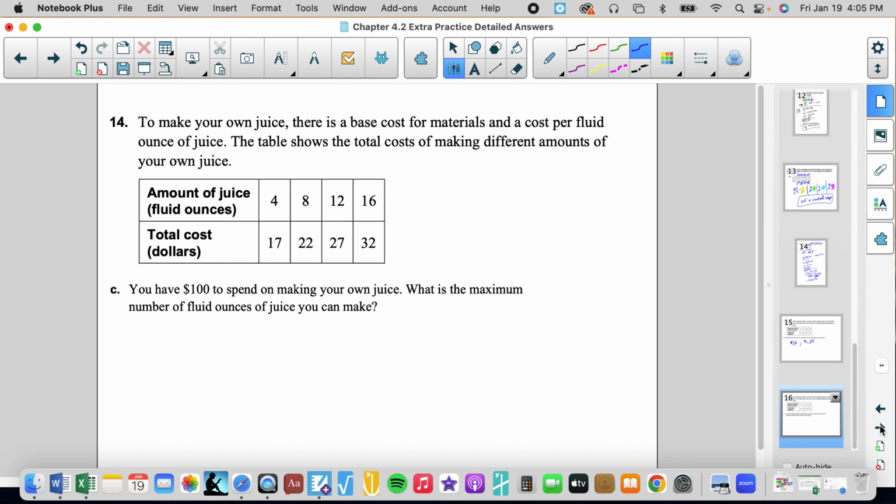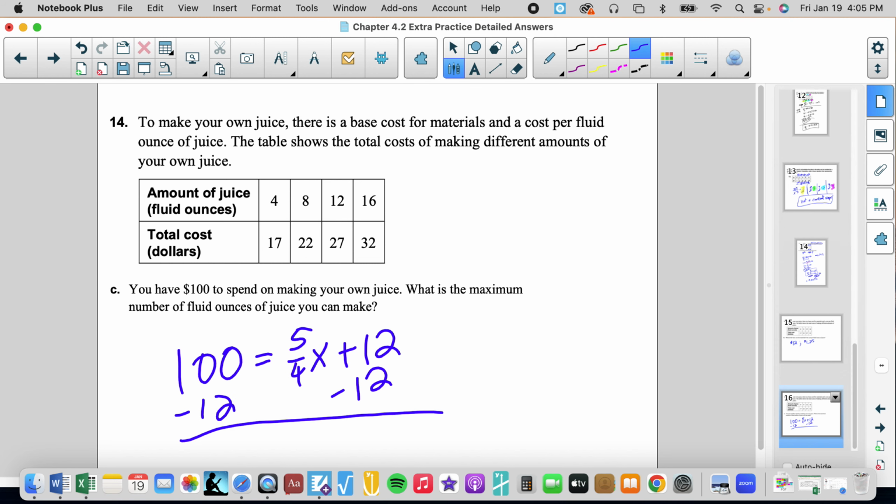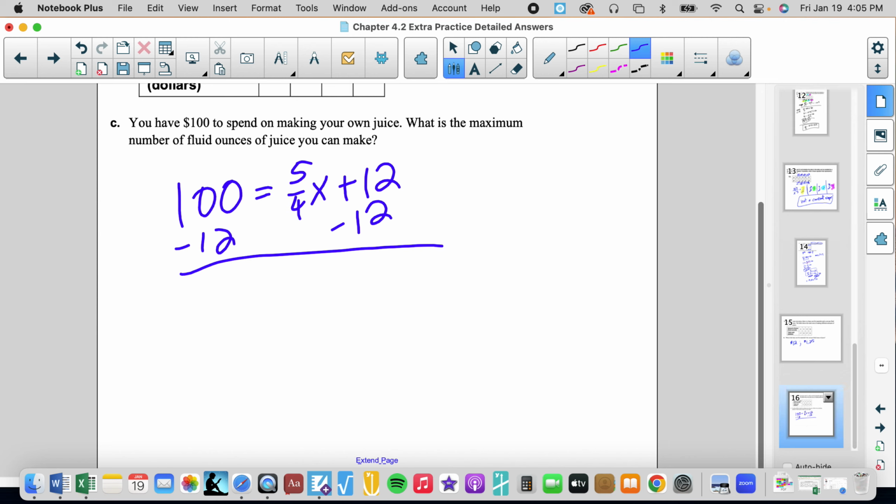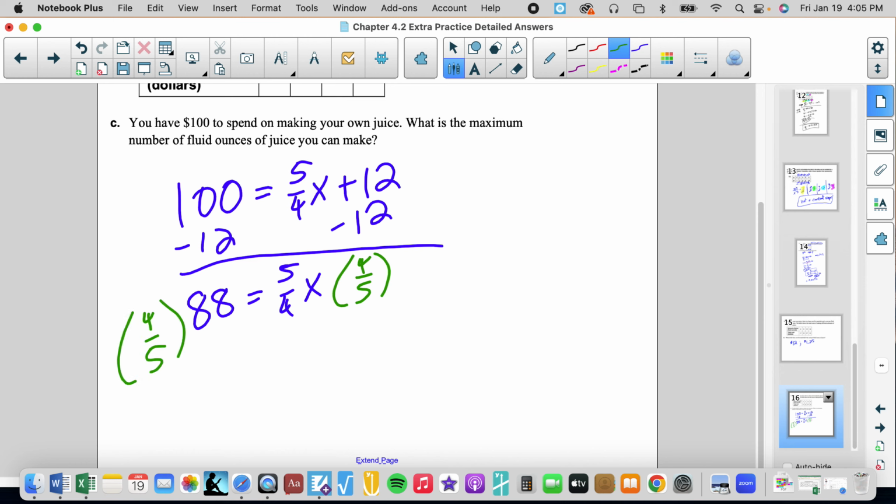Well, there are a couple of ways we can do that. We can set that equation equal to 100, so cost equals 5/4 x plus 12, and subtract 12. Now we get 88 equals 5/4 x. Let's multiply by the reciprocal, which is 4/5. That's ugly.